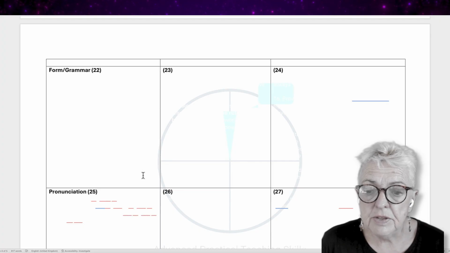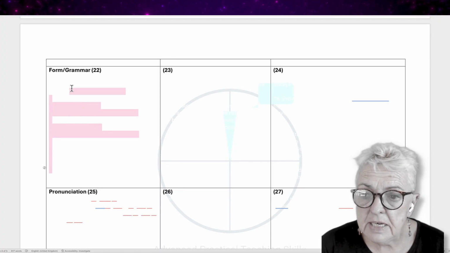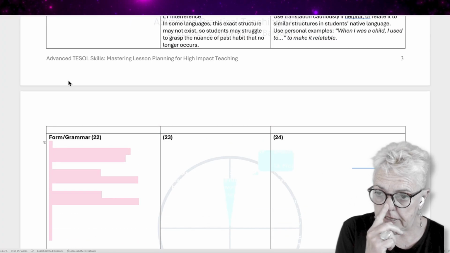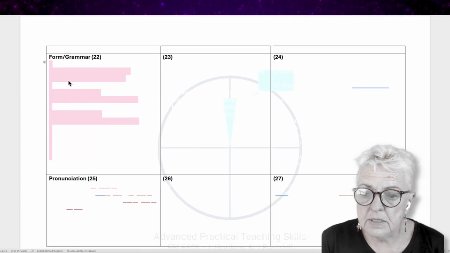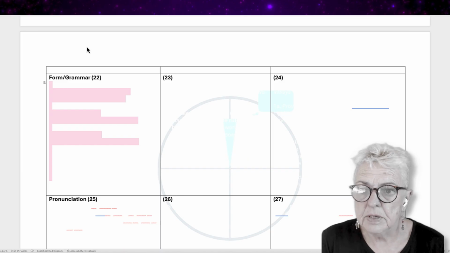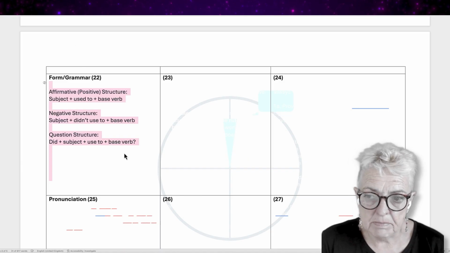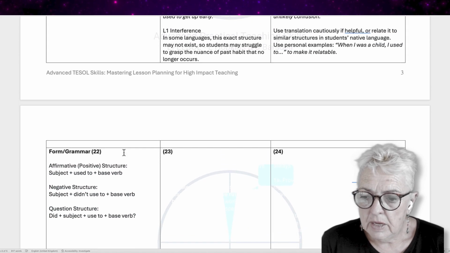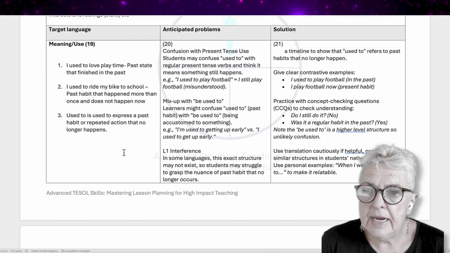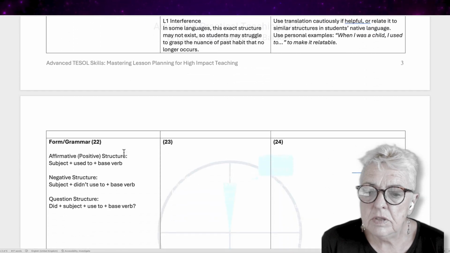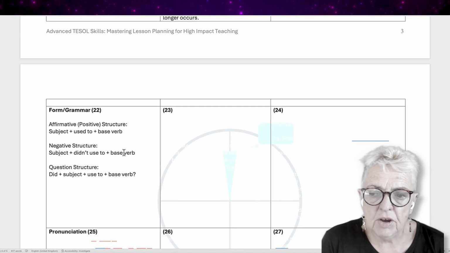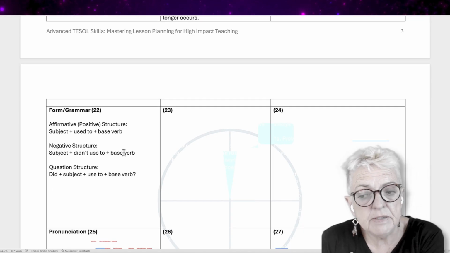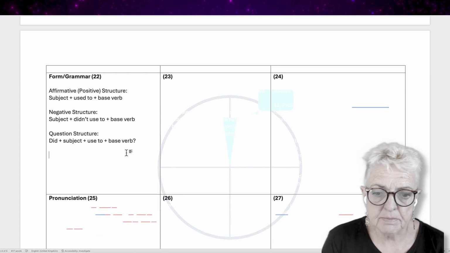Okay, now I look at the grammar. So I'm going to analyse the language from 3 points: its meaning or use, form or grammar, and pronunciation. So if I'm looking at the grammar problems, it's not really a problem, but I outline the target language always as affirmative, negative, and question structures.